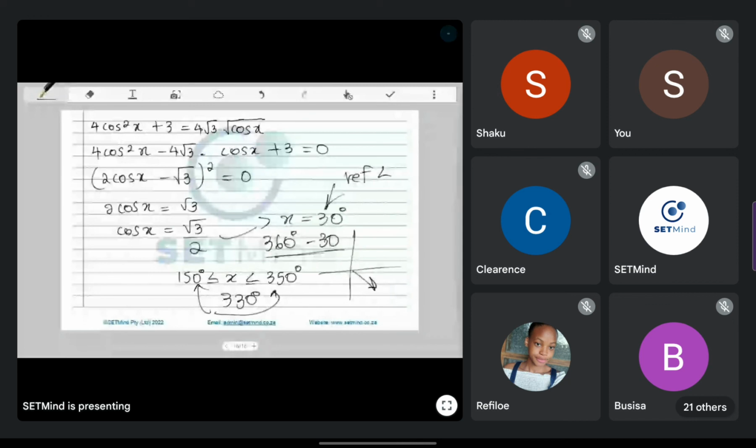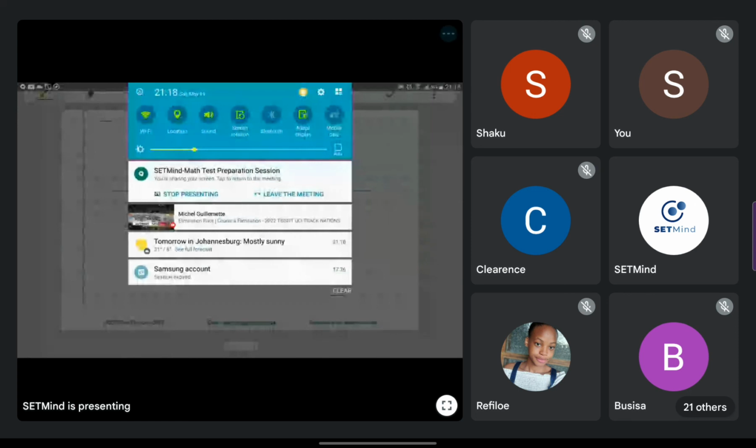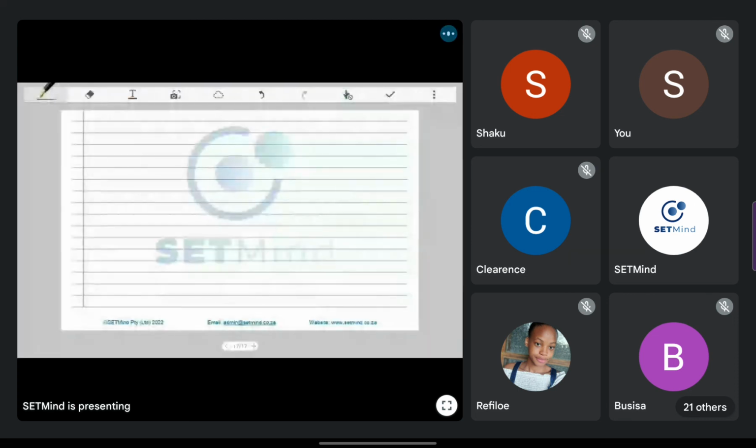Okay, so I'm gonna take the last question if there are none, which is about binomial expansion. So let's look at what is going on. So the question was, we were given minus 2y minus 3 over 2x cubed, to the power of 10.